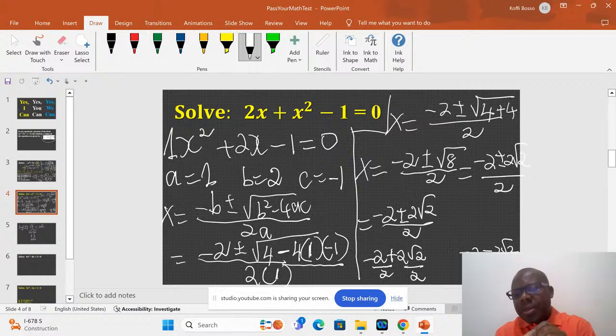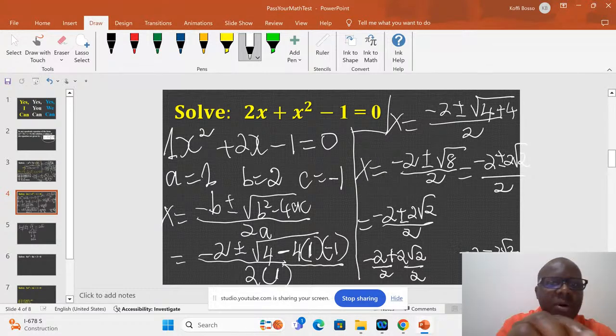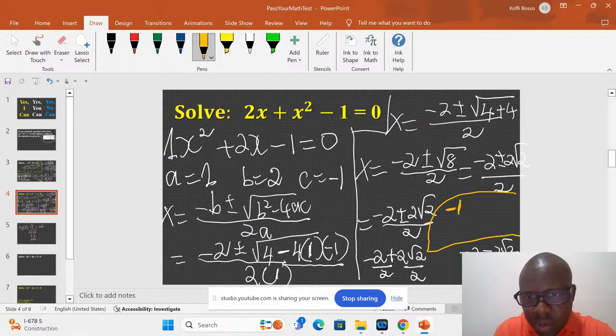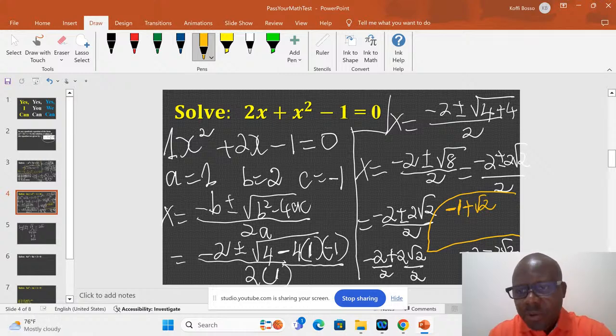So I split it like this so you could see what I will get. For the first solution, negative 2 divided by 2 is negative 1, plus 2 square root of 2 divided by 2 is the square root of 2. That's the first solution.